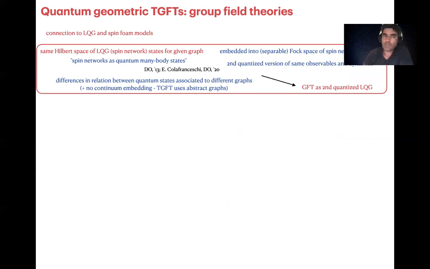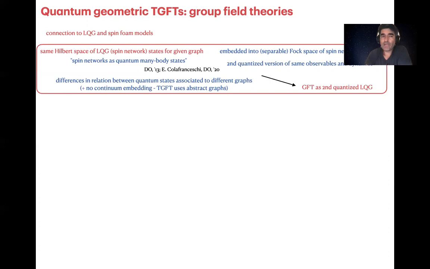However, the point is that you're dealing with spin networks as sort of quantum many-body states, and so you are embedding this Hilbert space on a given graph into the separable Fock space of spin networks in this GFT context. And one also has a second quantized version of the same observables that one would have in loop quantum gravity on a given graph.